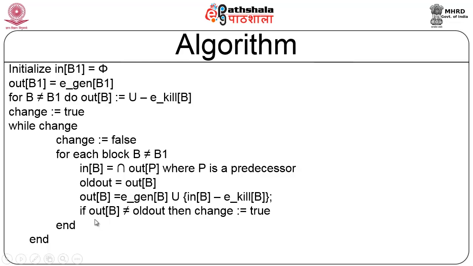Now if the old out is not equal to the new out, then you reset change to true, and then you go for one more iteration. So again this will go through multiple passes. The difference is that I will be anyway recomputing in, but the computation of in alone is changed, and how we compute out for every block as an initial setup is also changed for this algorithm.